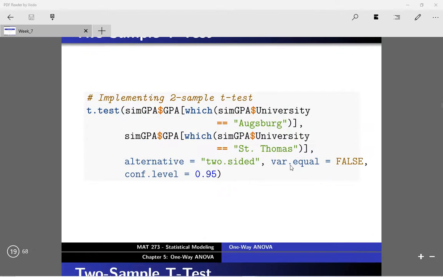So I think equal variances could be true here, but the more conservative option is always just to assume that you have different variances. It's just more generalizable and you're making less restrictive assumptions. So in general, I say just use equal variances equals false here. And then we want to test at the 5% significance level, or in other words, a 95% confidence level. So I specify that here.